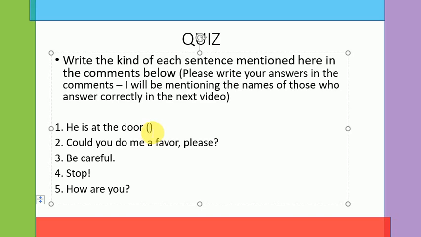For example, if it is an assertive sentence or an imperative sentence, you can simply write imperative or assertive or any other type that it is.